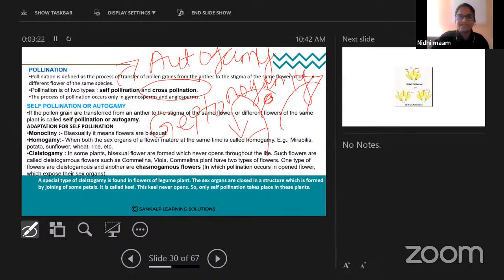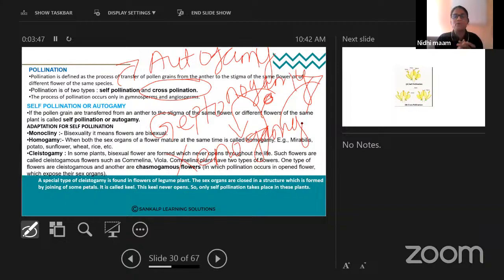Next, when the transfer of pollen grain occurs between two flowers of different plants, ಎರಡು ಬೇರೆ ಬೇರೆ ಸಸ್ಯಗಳ ನಡುವೆ ಹೂಗಳ ನಡುವೆ ಟ್ರಾನ್ಸ್ಫರ್ ಆಫ್ ಪೋಲನ್ ಗ್ರೇನ್ಸ್ ಆದ್ರೆ ಇಟ್ ಈಸ್ ಕಾಲ್ಡ್ ಆಸ್ xenogamy. Right? So this is about the types of pollination.